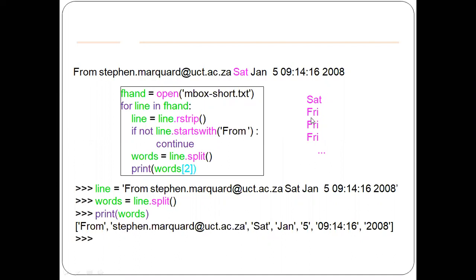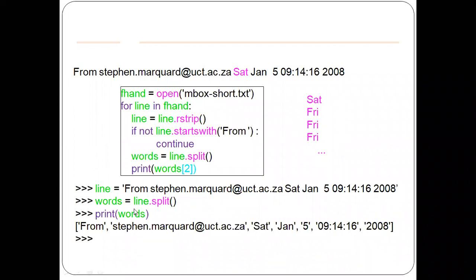So in this case the output will appear something like this. Saturday is the first word that you are seeing, Friday is the second one. Sorry, in the second line we have Friday, in the third line we have Friday, and in the fourth line we also have Friday, right?